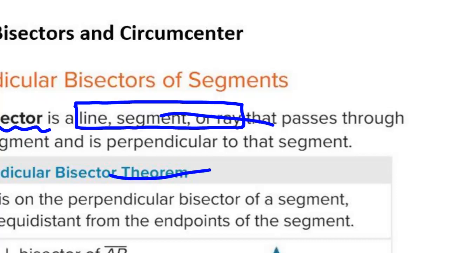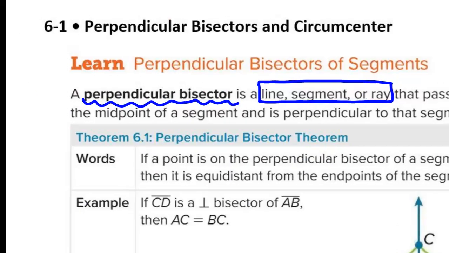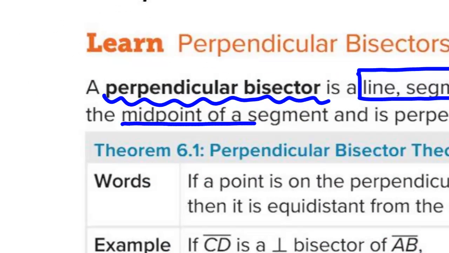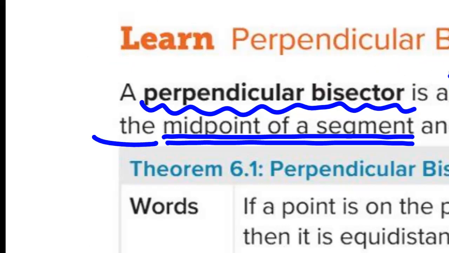What do midpoints do? They divide a segment directly in half. So this midpoint cuts the segment in half.